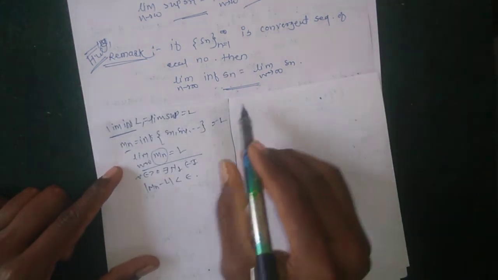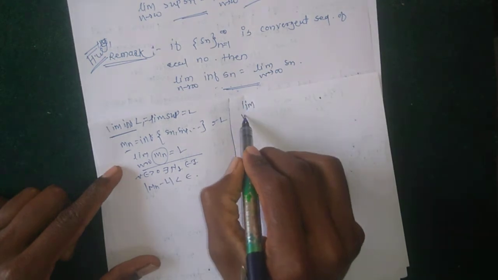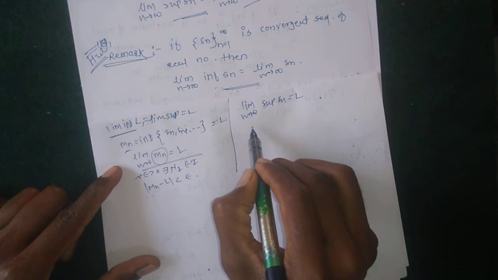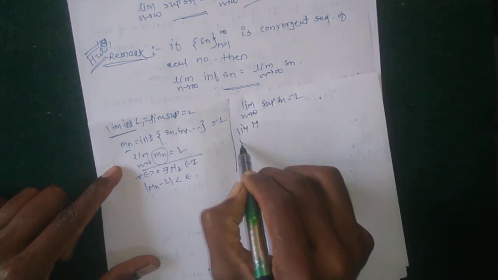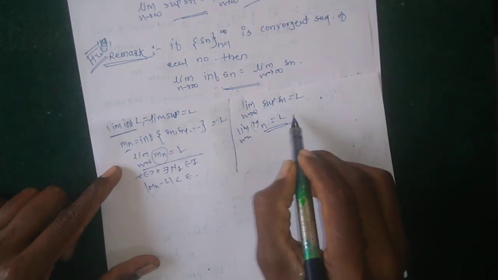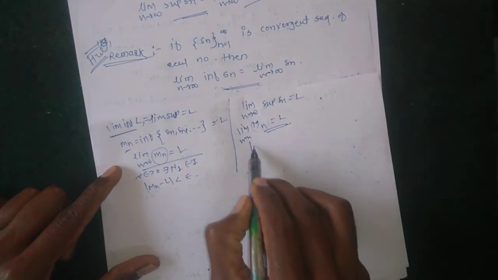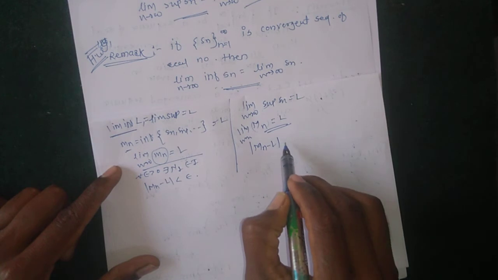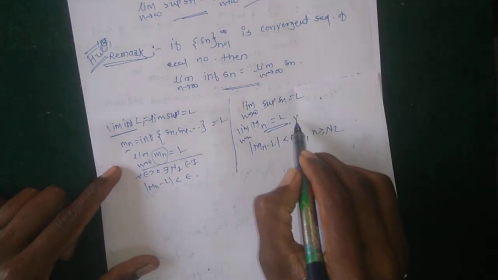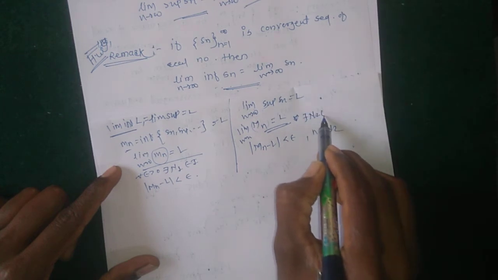Similarly, the limit as n tends to infinity of the supremum of Sn is equal to L. Therefore the limit of capital Mn is L, which implies that by the epsilon definition, Mn minus L is less than epsilon whenever n is greater or equal to n2, where n2 belongs to the set of positive integers.